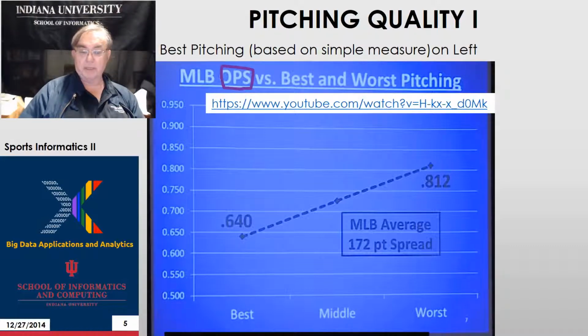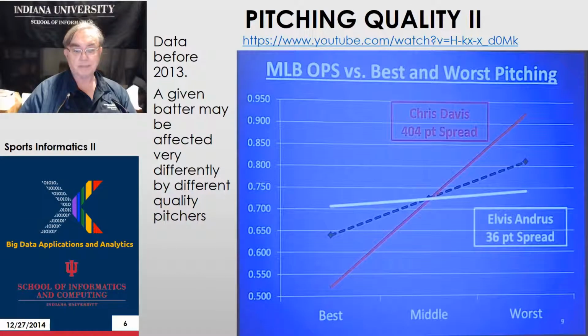Here's OPS on the y-axis, and you cluster the pitchers, the best pitchers and the worst pitchers. You can see the OPS averaged over all encounters in Major League Baseball. They have a pretty large spread from 0.64 to 0.81, a 0.17 spread in OPS value, which is roughly hitting value.